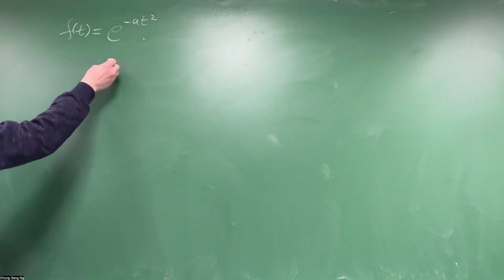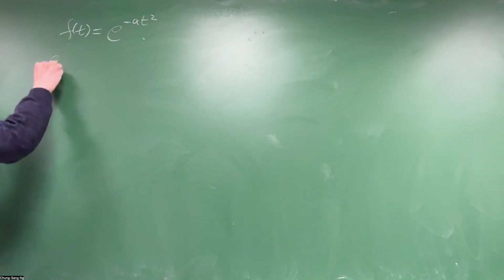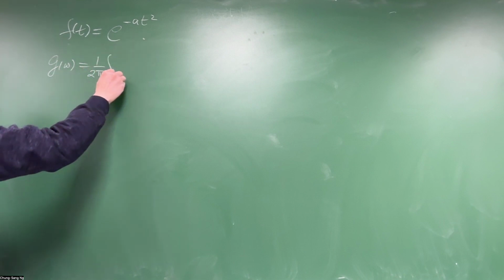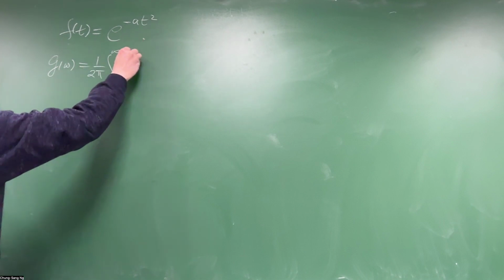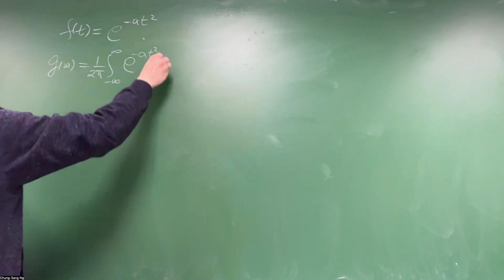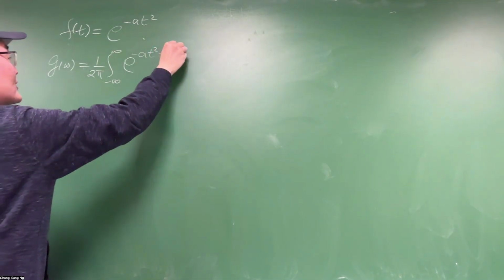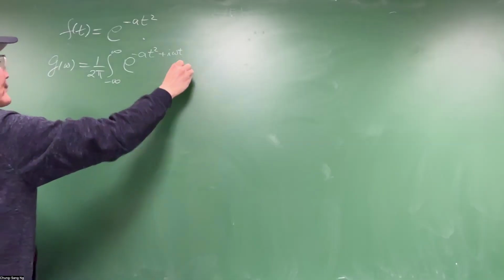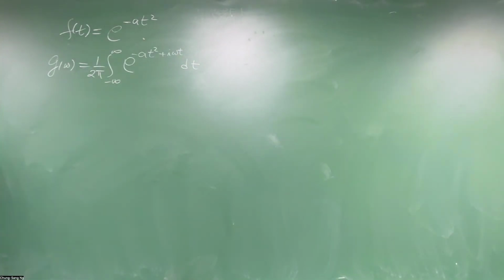So again, you just keep doing it. So g of omega is 1 over 2 pi. Put that in the integral, and now you have the omega t in the same exponential function. Integrate.